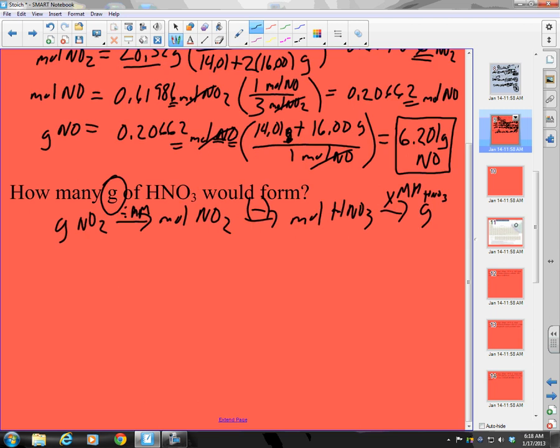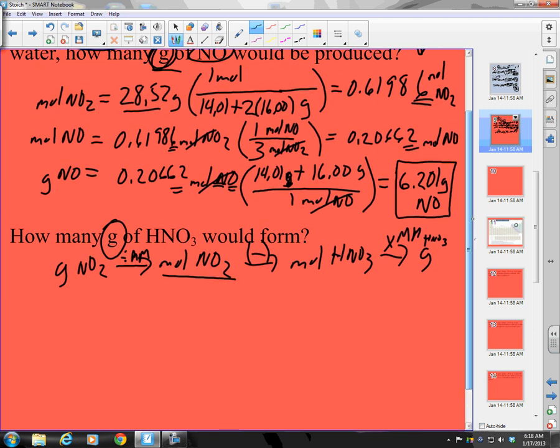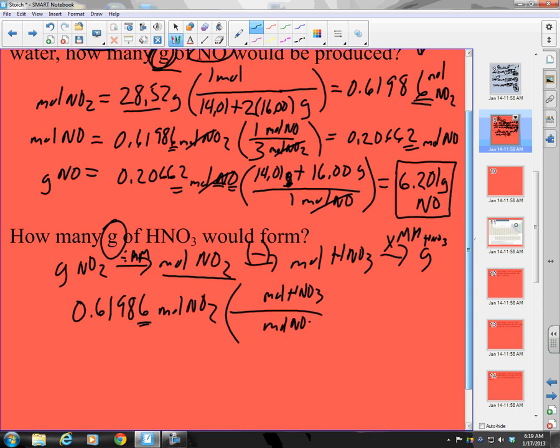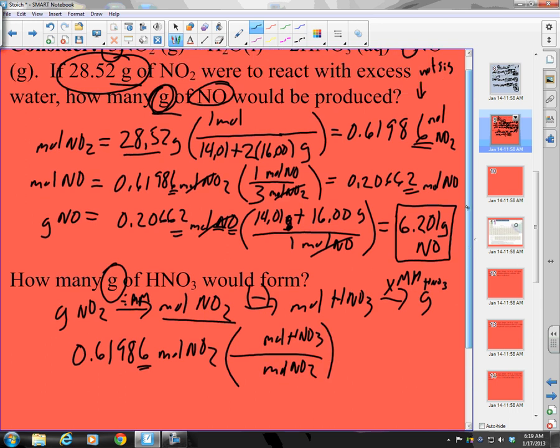Now we have part of this work done. We already have moles of NO2 calculated up here. What is it? 0.61986 moles of NO2 times what? Well, I want moles of HNO3. What is it that I have? Moles of NO2. Let's look at my equation for the mole ratios.